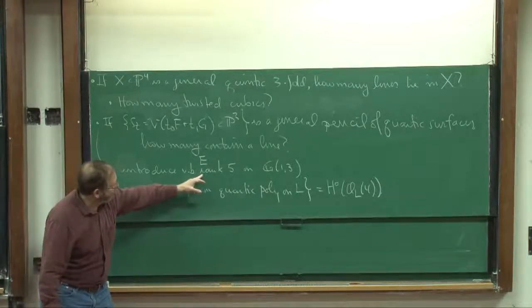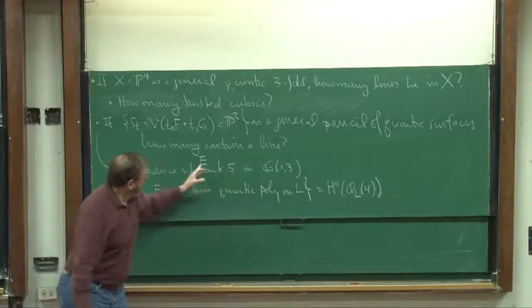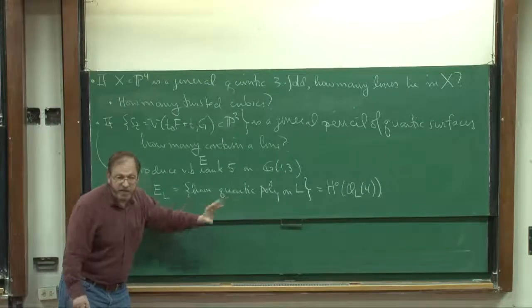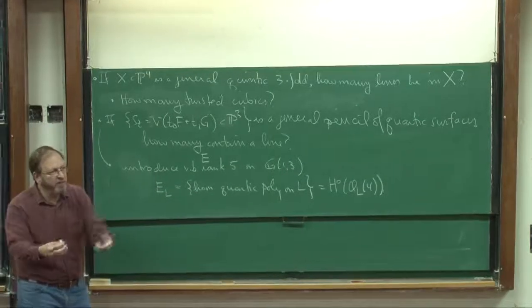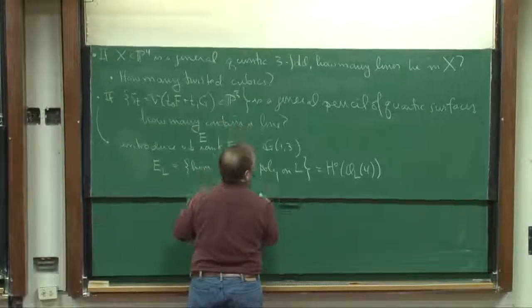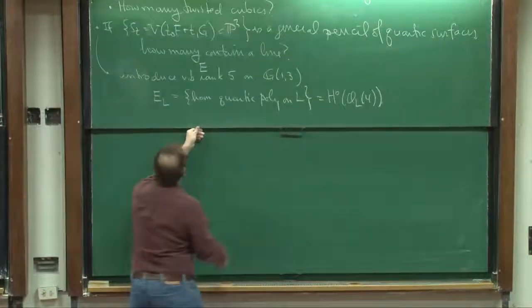Okay? So that's a vector bundle. It associates to every point in this Grassmannian a 5-dimensional vector space, and that vector space varies in a fairly natural way with the point or line.